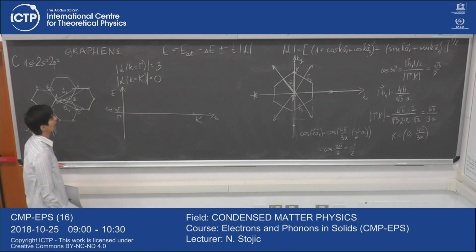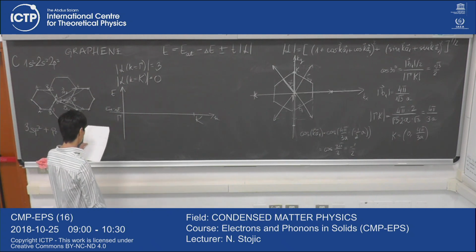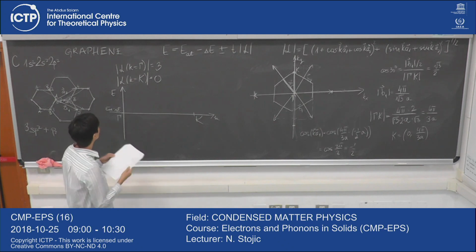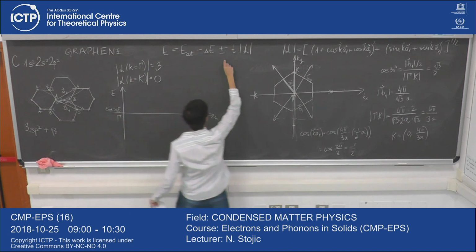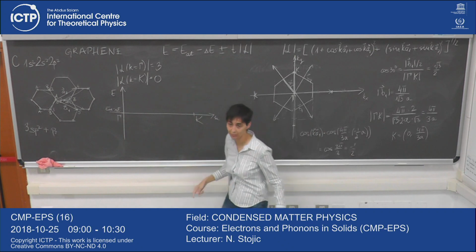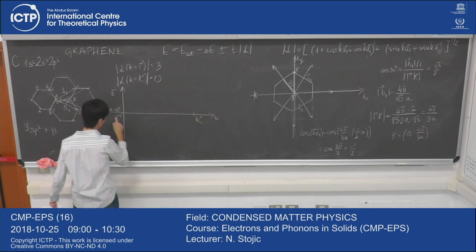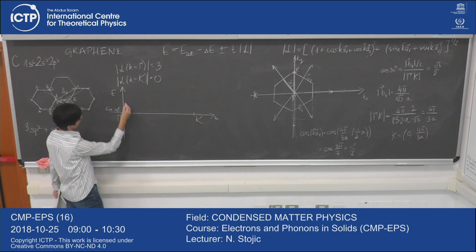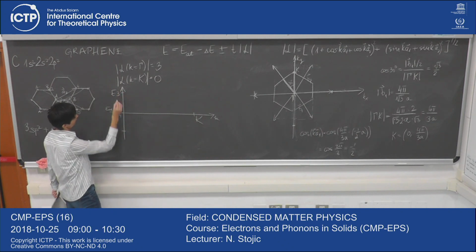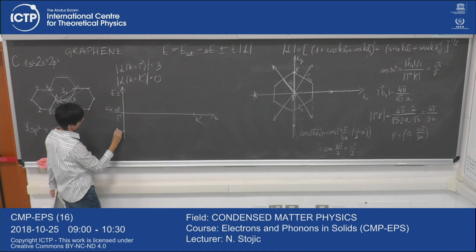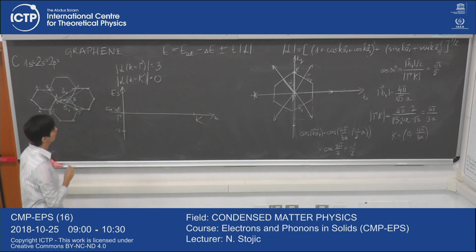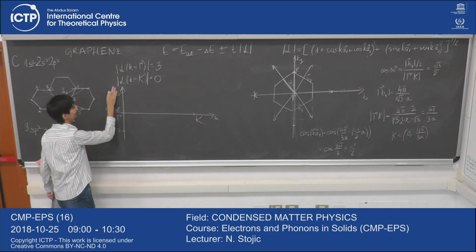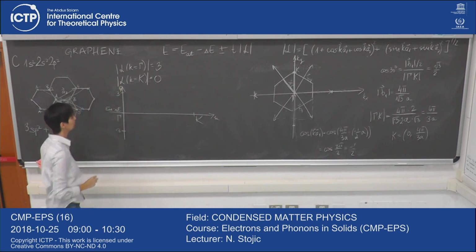At the gamma, okay, where is my dispersion? It's here, dispersion. I have two values, plus and minus 3, around this point. So I go to minus 3 and plus 3. This looks like 3, okay.